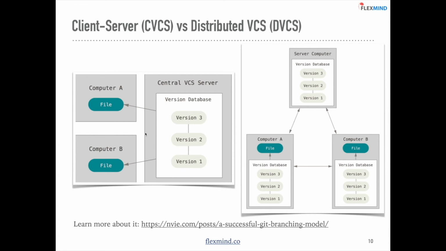In CVCS, you need to contact the server all the time to commit the changes. You also need to see, meanwhile, if someone has already pushed changes to the same file. Merge conflict, right?